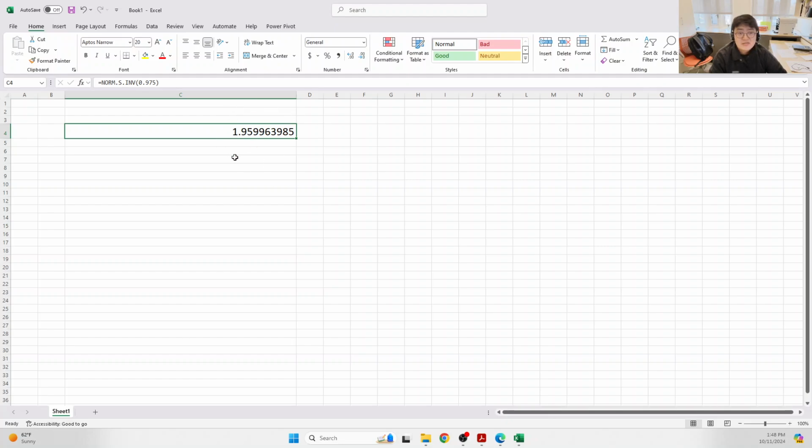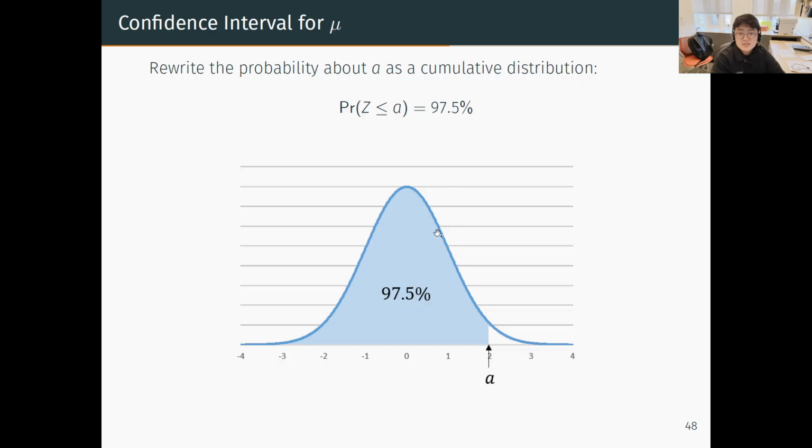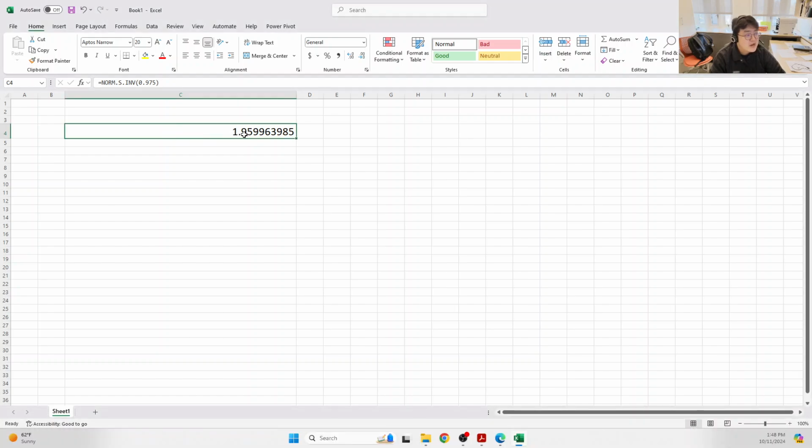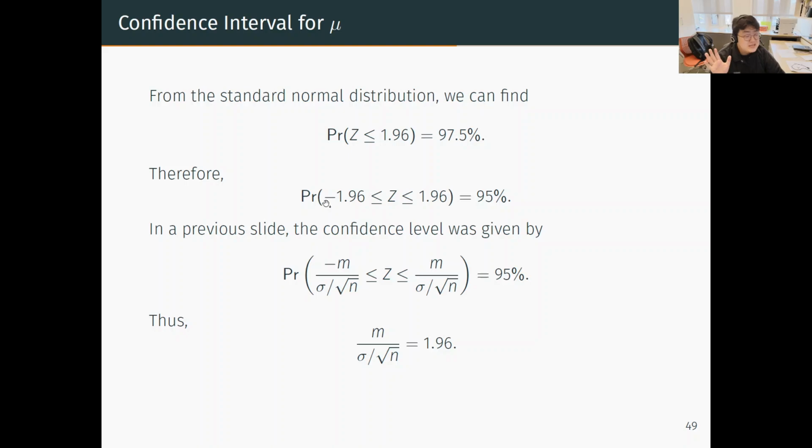This is the number that you get when you use the standard normal CDF, right? So I could find the value approximately 1.96, so 1.9599 something, approximately I'll just put it as 1.96. Okay, so that means we found plus minus 1.96 contains 95%. That's what we wanted, plus minus 1.96.